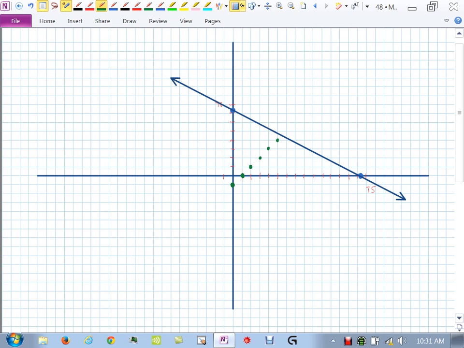And then let me try and draw a line through here. Now I can see that there is an answer, right? There is an answer, but it's not easy to see what it is.